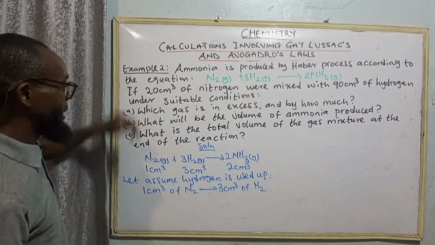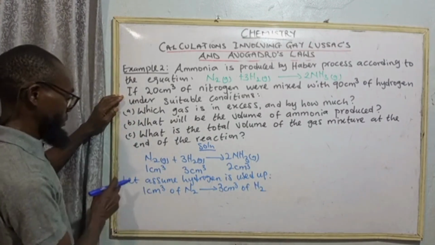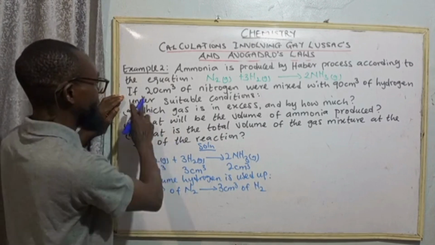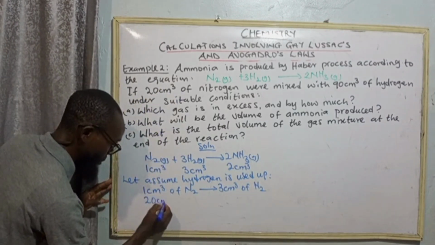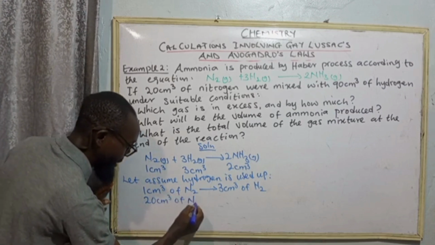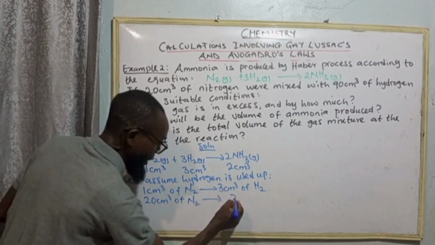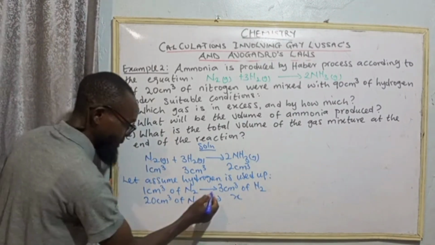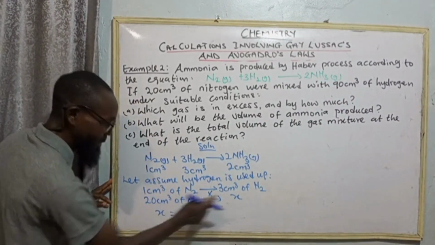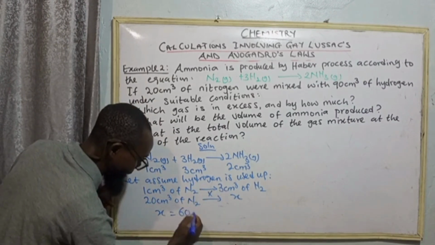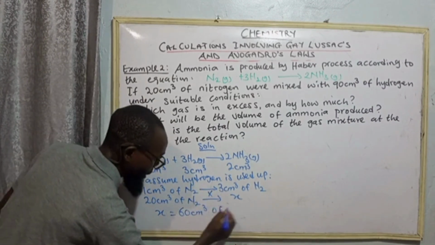Now coming to this place, nitrogen is 20 cm cube. So 20 cm cube of nitrogen gas will react with how much hydrogen? Cross multiply: x times 1 equals 20 multiplied by 3, so I have 60 cm cube of hydrogen.